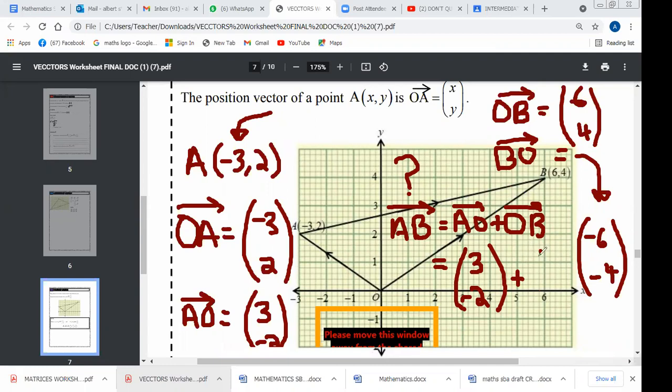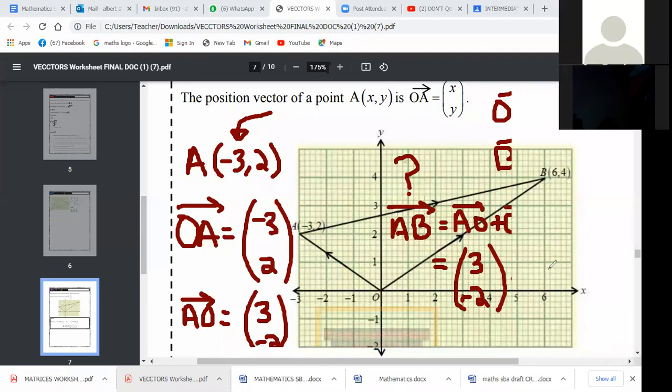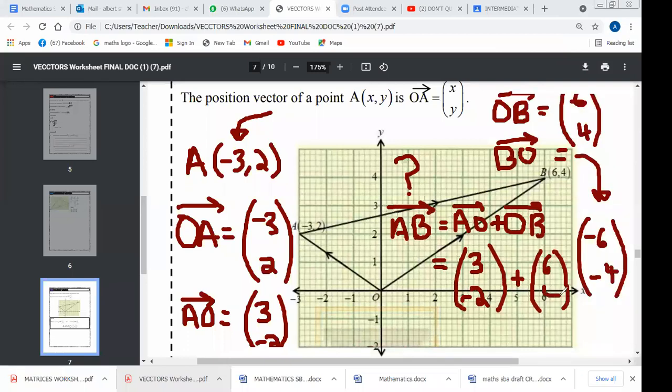What is O to B, class? It's to the top right of your screen. O to B is 6 and 4. How do you work out the value? Sir, how do you get the 4? You mean the 6 and the 4? Yes. See the value they put on the screen here? They tell us that B is 6, 4.